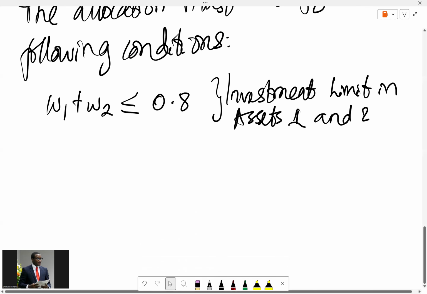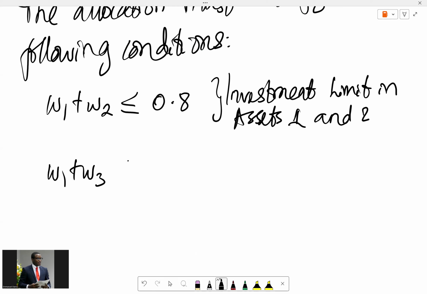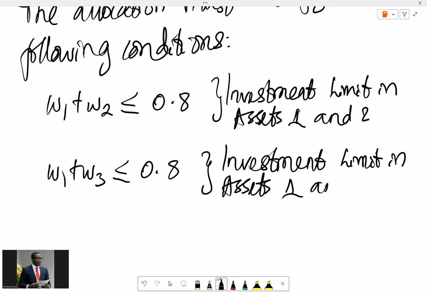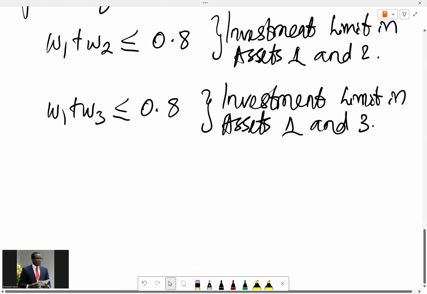We also have another constraint: W1 plus W3 less than or equal to 0.8, the investment limit in assets one and three. The combination of assets one and three should not exceed 80%.